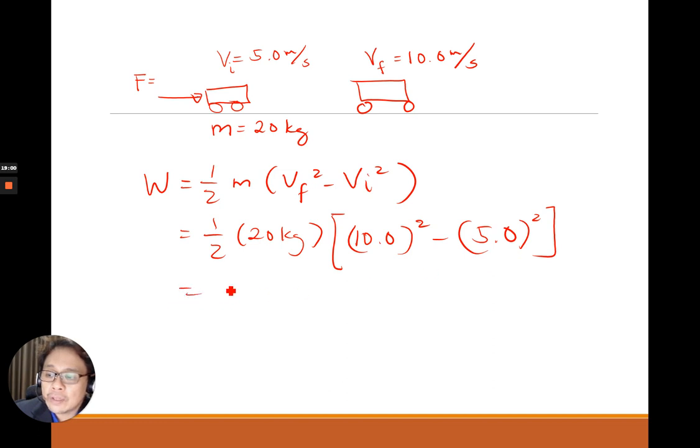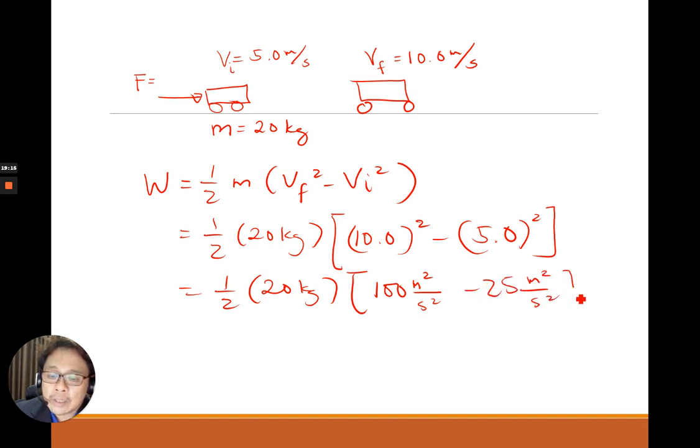Solving for this, you get 1/2 times 20 kilograms. This will give us 100 meter squared per second squared, minus 25 meter squared per second squared. So 1/2 times 20 kilograms multiplied by, what is 100 minus 25? This is 75 meters squared per second squared.